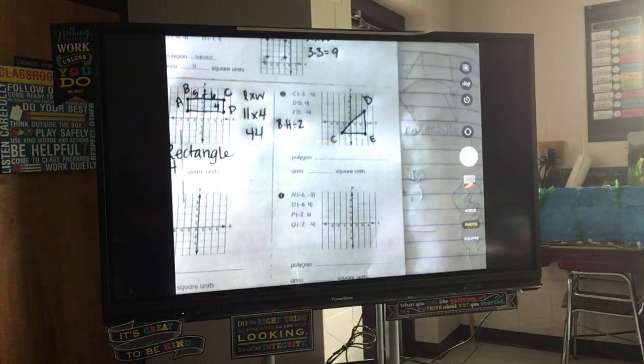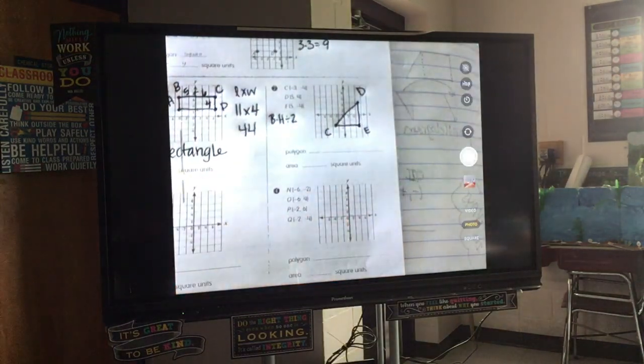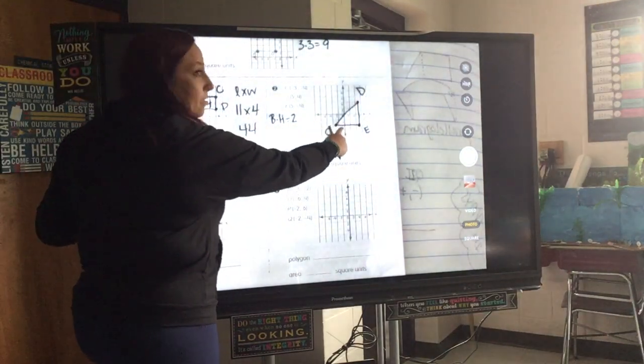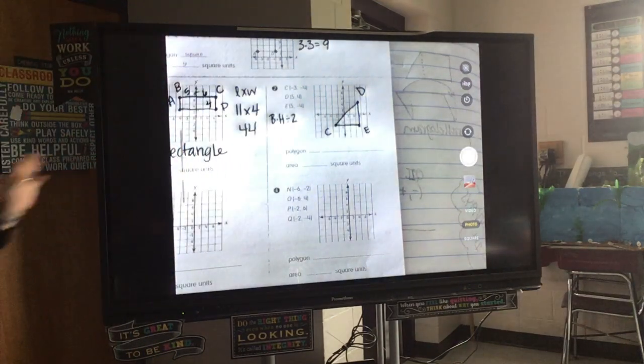divided by 2. What is my base? How many do we go from this point right here to the line? Don't tell me a half, because there's not a half in there. Nope, because it's in between two numbers.